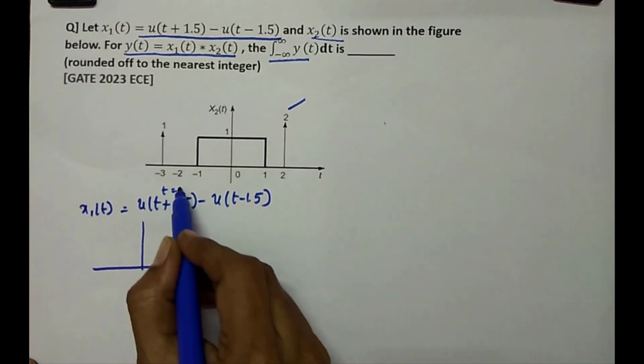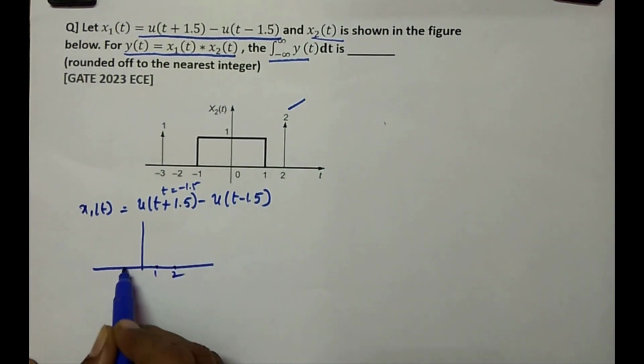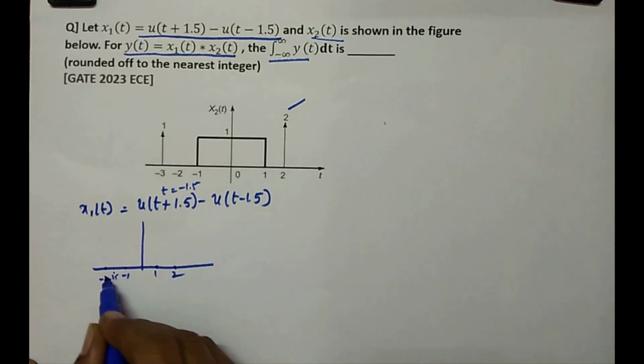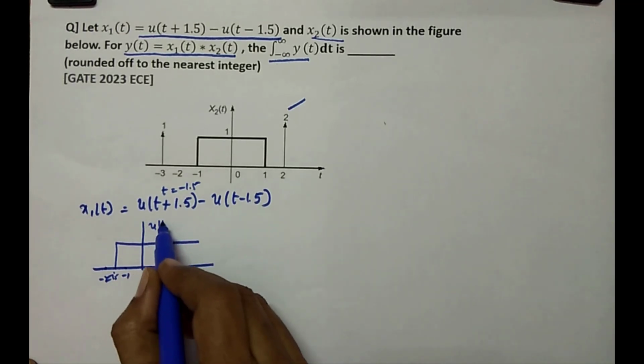it starts from t equal to minus 1.5. So let it be 1 and let it be 2, minus 1 and minus 2. So this is 1.5, minus 1.5. So the step starts like this. This is u of t plus 1.5.